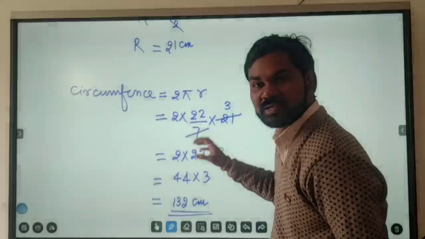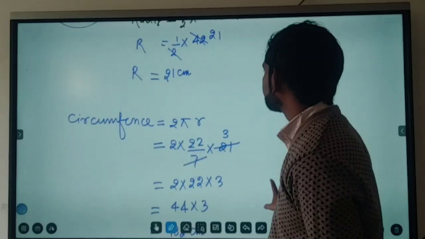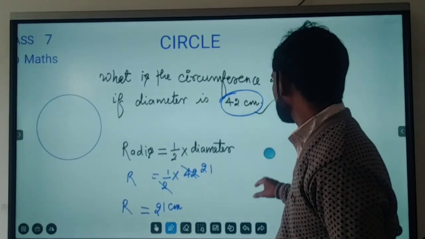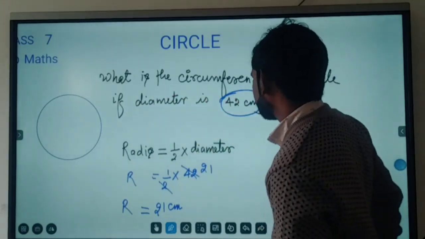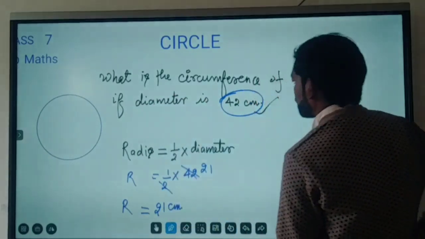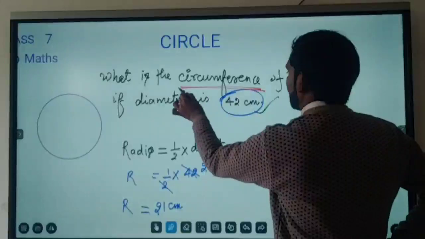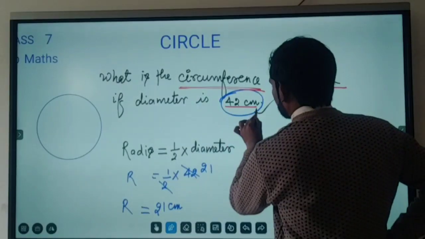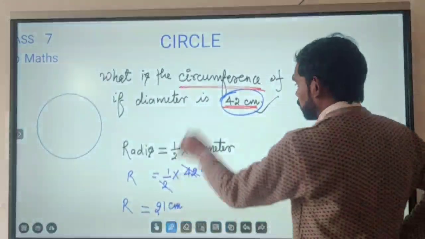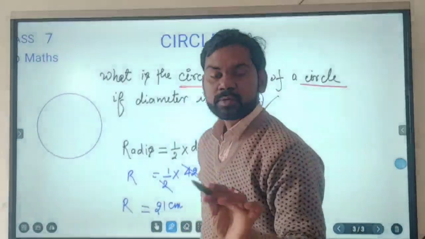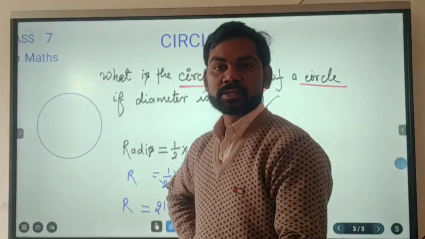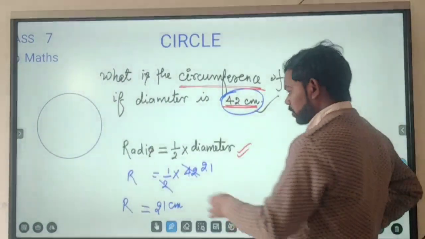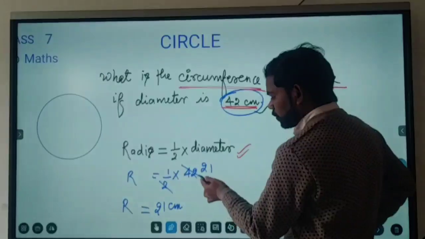Now let's revise this question once again. The question is: what is the circumference of a circle if its diameter is 42 centimeter? In order to find the circumference, we need to find its radius, and the radius is always half of its diameter. So radius will be 1 by 2 into 42.